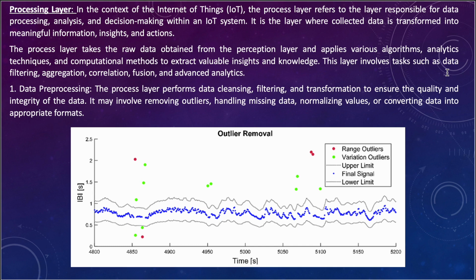And of course, because these are sensors, there will be some errors or some anomalies, so those things have to be filtered as well. So sometimes that is done on edge computing, but sometimes, if we have large data points, we need some processing power to handle those large amounts of data.